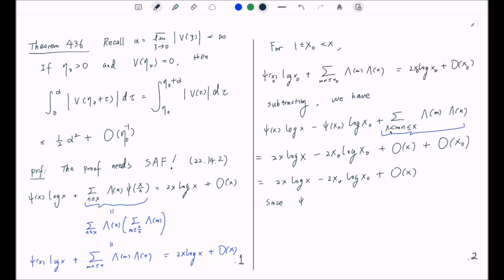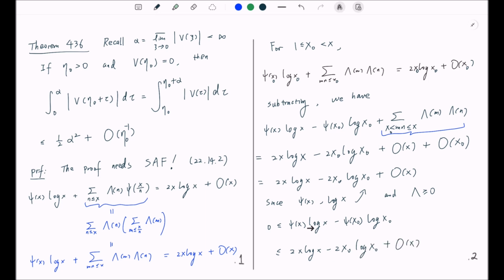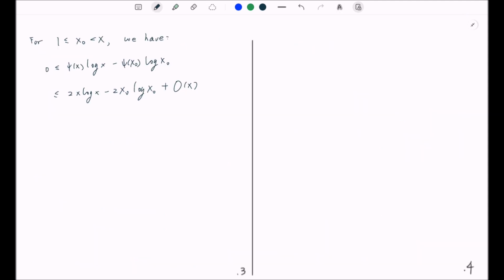Since psi and log are both monotonically increasing, and lambda is non-negative, we obtain this inequality. Now let's continue from here to see what this can give us. We consider the following difference.